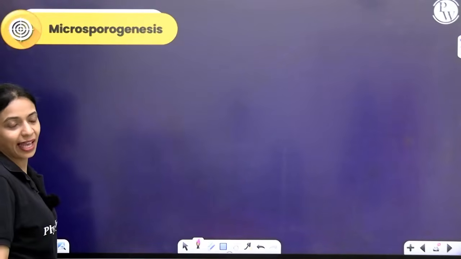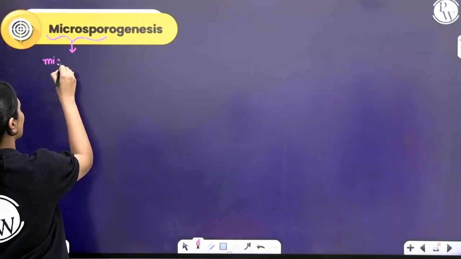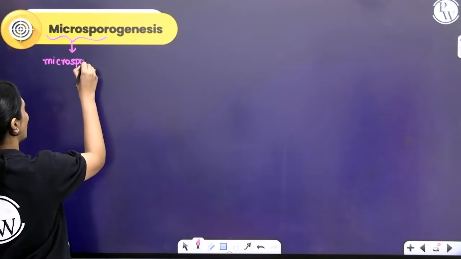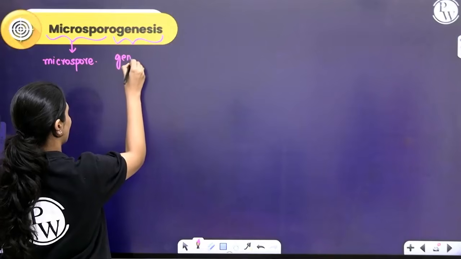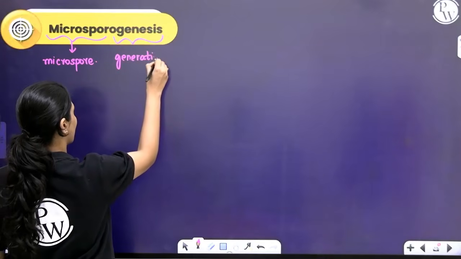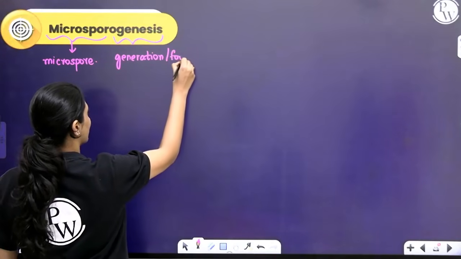The process by which microspores form in the anther is called microsporogenesis. Over here, microsporo relates to microspore and genesis means generation, or you can call it formation.